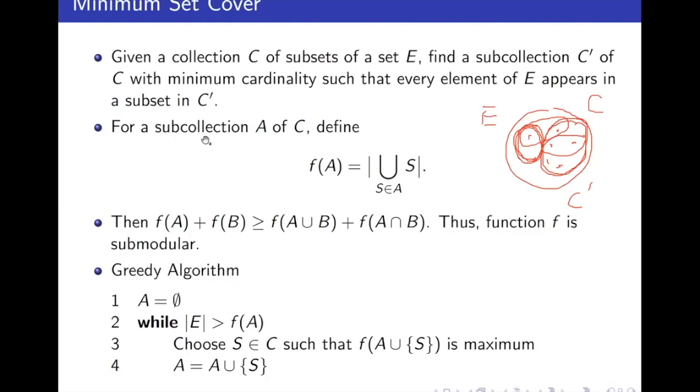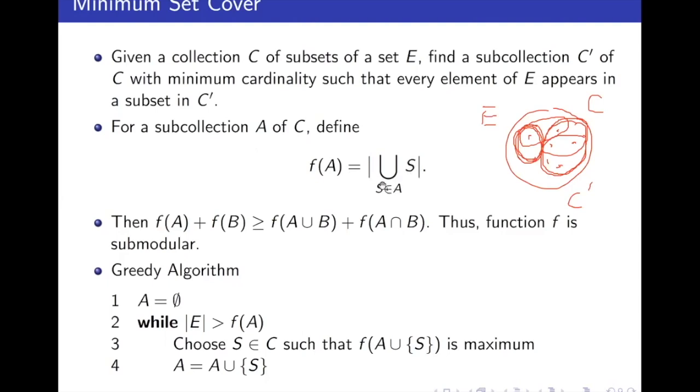Now, for a subcollection A of C, which means it's a subset of C, we define this function f to be the size of the union.